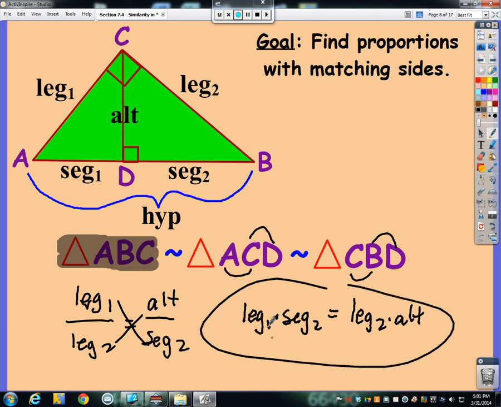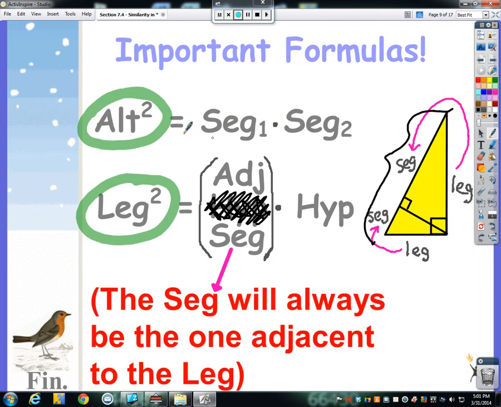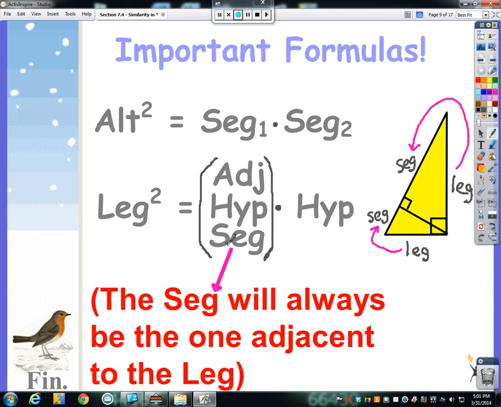Our 2 formulas will result in not needing to know any other formulas. But you could make up other formulas that really have no matches, like this one that has 4 different things being used instead of just 3. 1, 2, 3, 1, 2, 3. So there's really nothing special about these 2 formulas other than the fact that they use repeated pieces between your 2 triangles. And that's the connector really to bring together your 2 triangles.